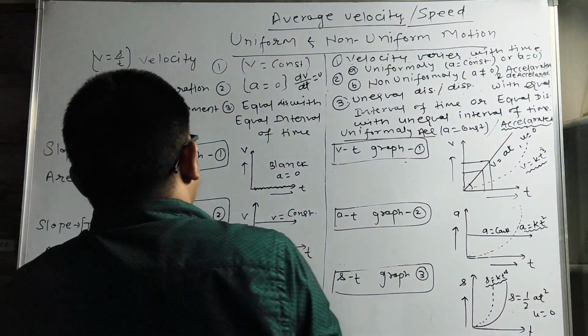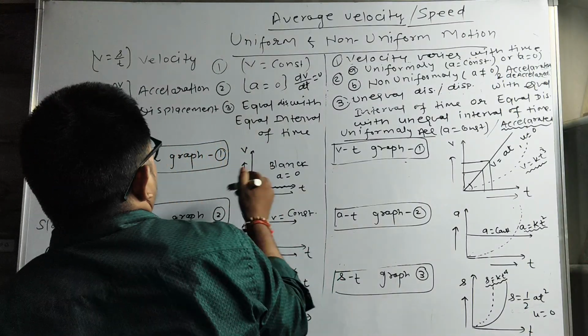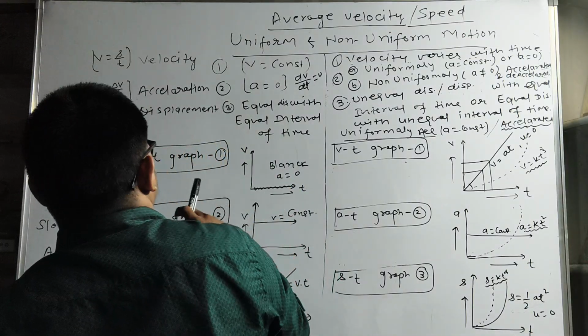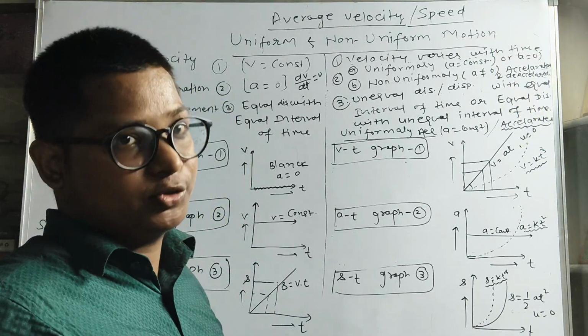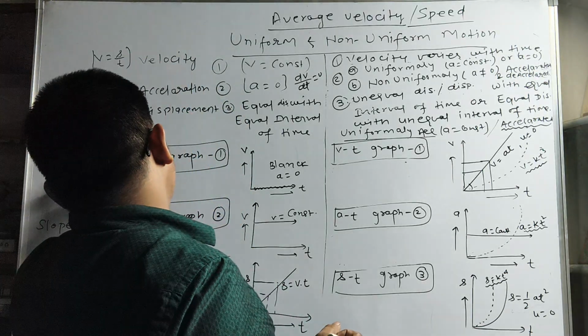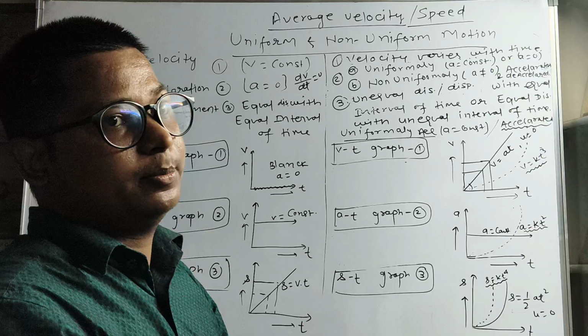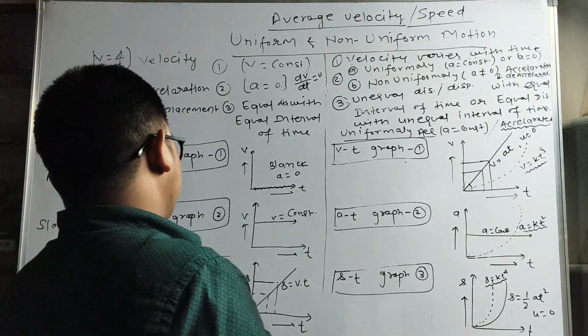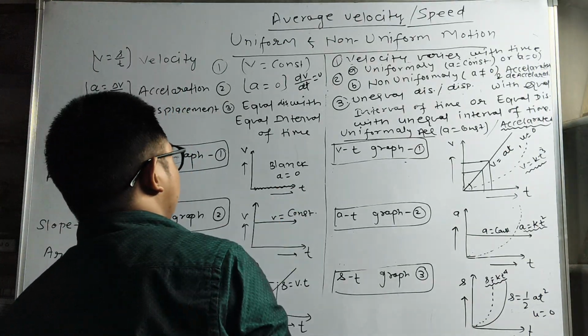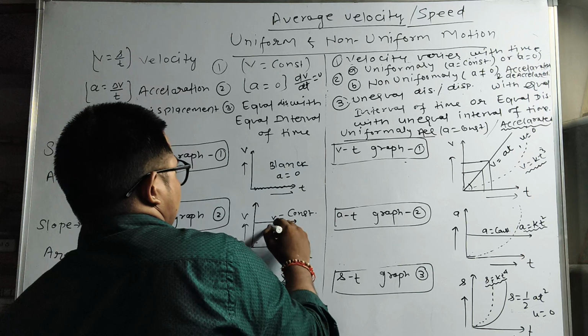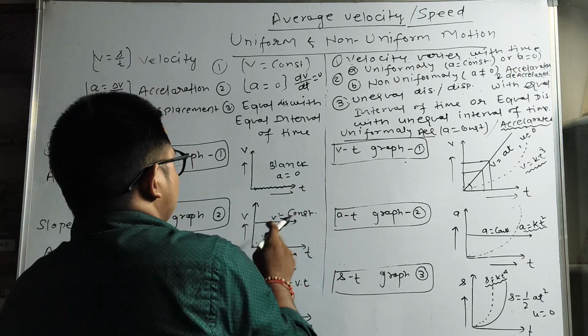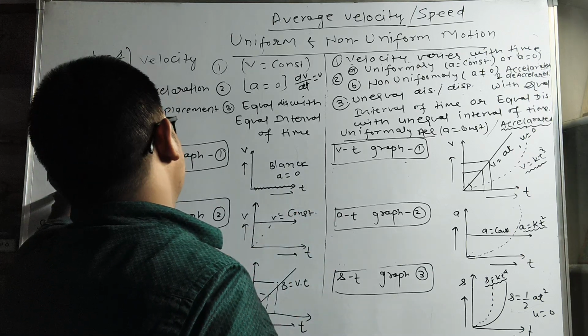And from the VT graph we can obtain two things. If we take the slope of the motion, we get the acceleration of the object, which is equal to delta v upon delta t. And if we take the area under the curve, with velocity constant, then this area represents the displacement of the object.